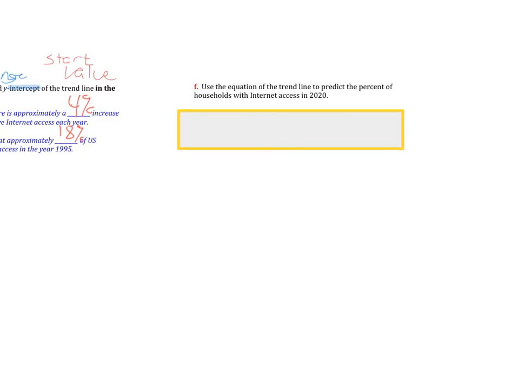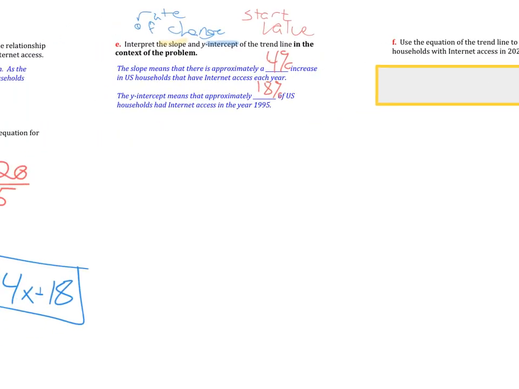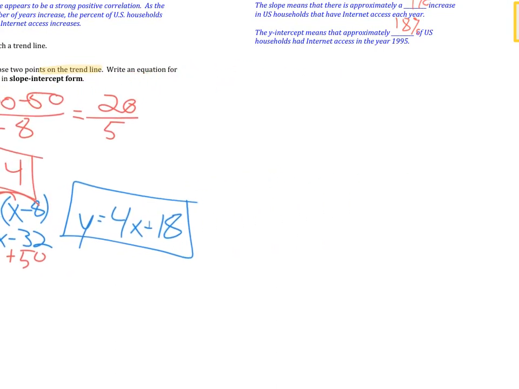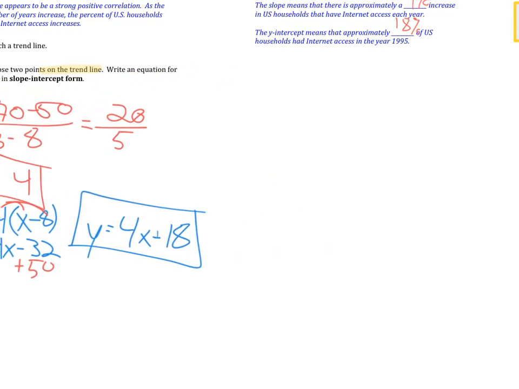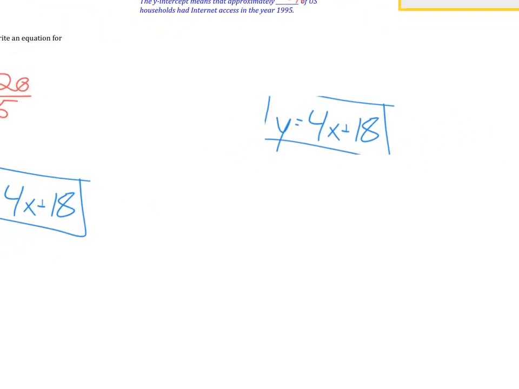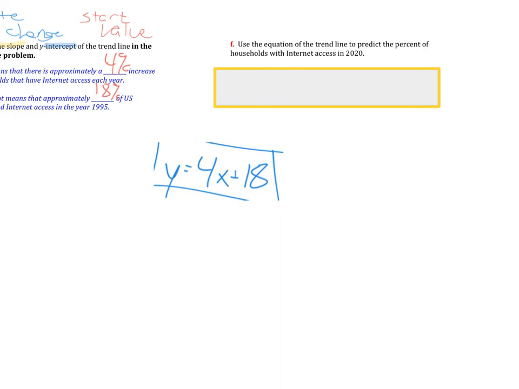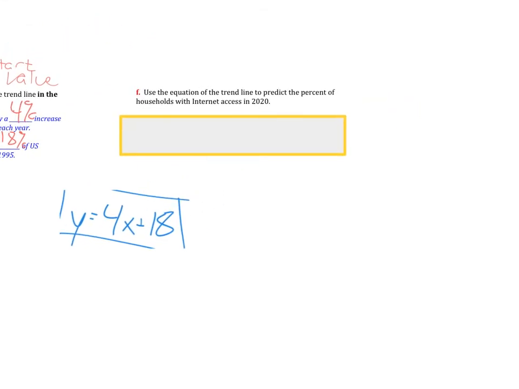All right, next it says use the equation that we have. So let me take this equation and kind of send it over. Let's see. There we go. So let's use this equation to predict households with internet access in the year 2020. Hey, this year. Cool.